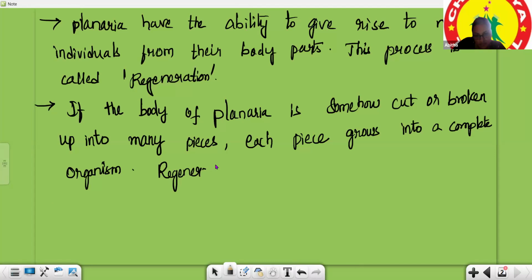Regeneration can take place from any part of the Planaria.